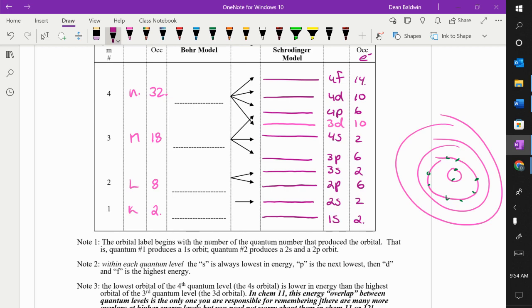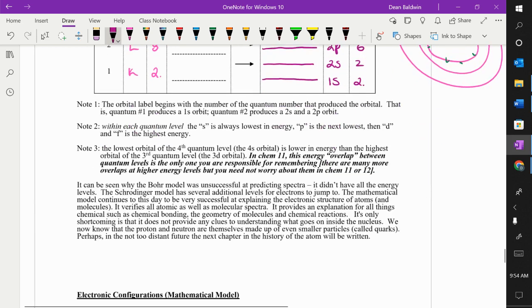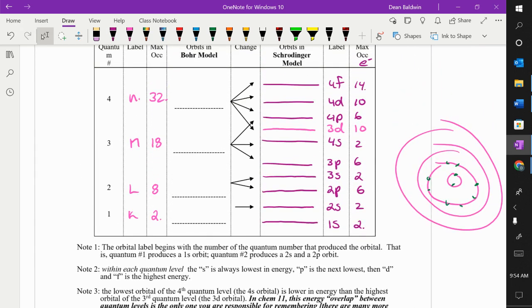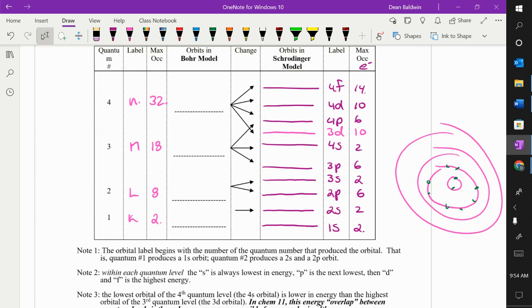If you look at the periodic table, if we flip the page, does everybody have that? Can I flip the page?